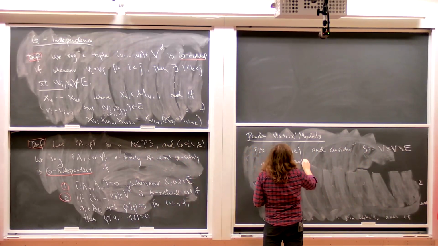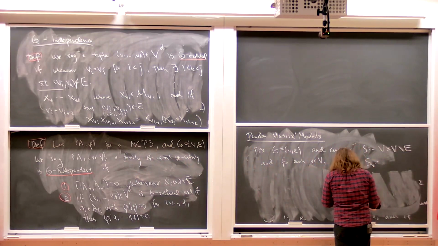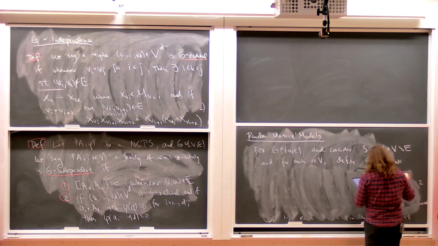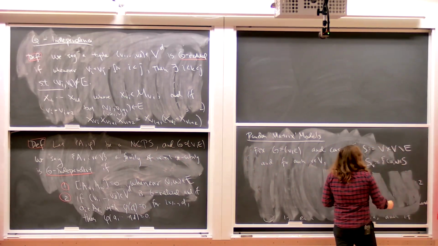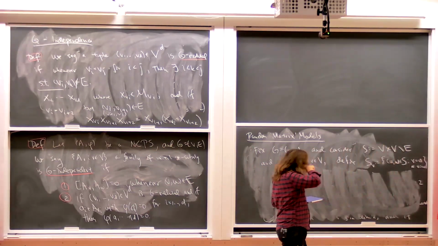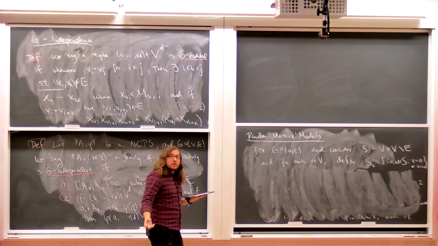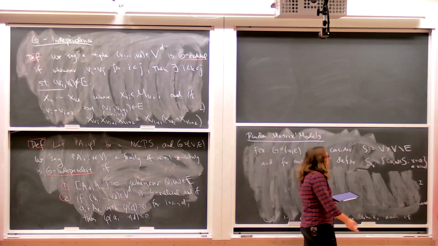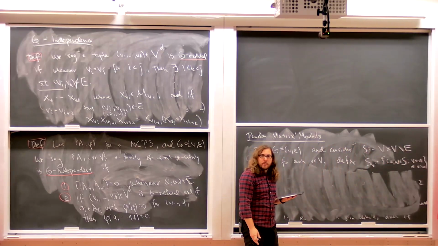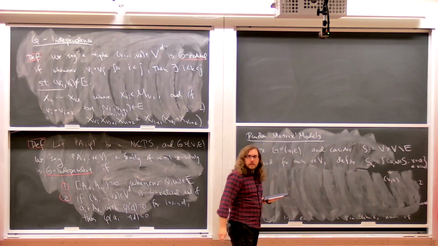And for each V, let's define S sub V to be all the pairs UW in S such that V is equal to U or V is equal to W. Okay, so all the pairs where V shows up as one of the entries. And because I've excluded self loops, that means that in the complement of this, I have the diagonal subset of pairs V comma V. So this will always at least contain one edge, namely V times V.